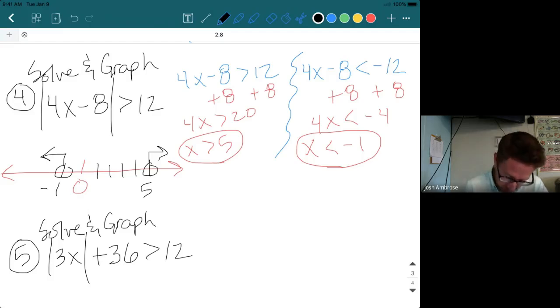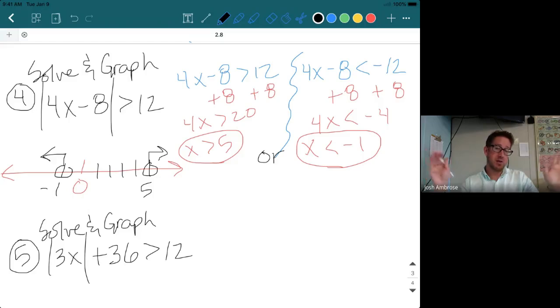So the word or needs to be in between these two. If they go away from each other, in other words, there will be no overlapping, you will use the word or. If they go towards each other, you will have overlapping. You're going to use the word and.